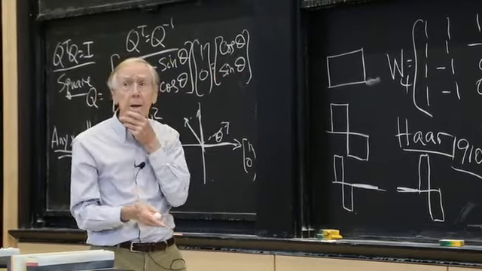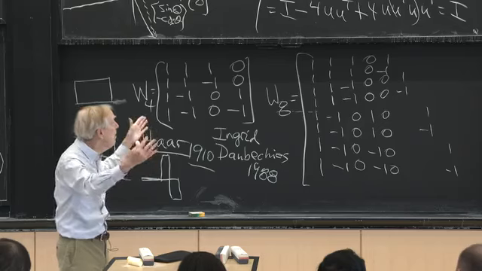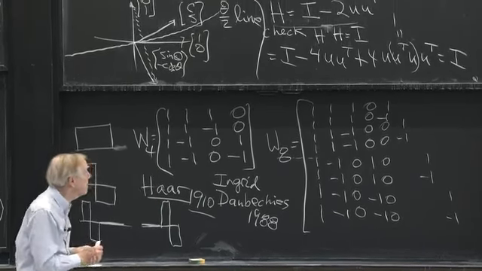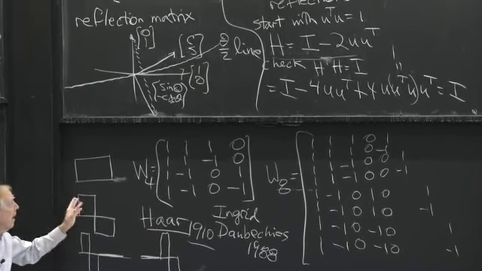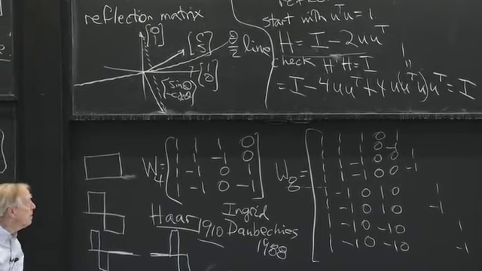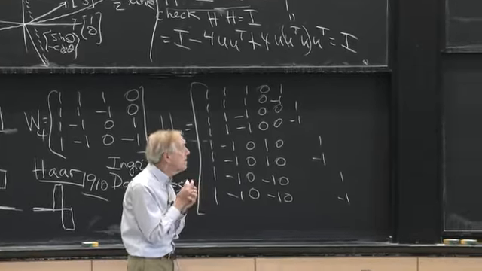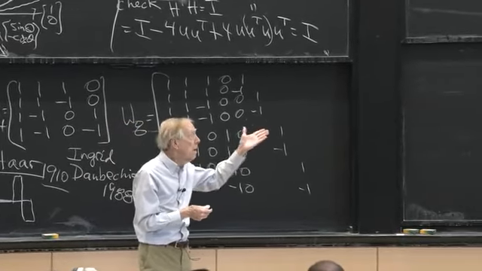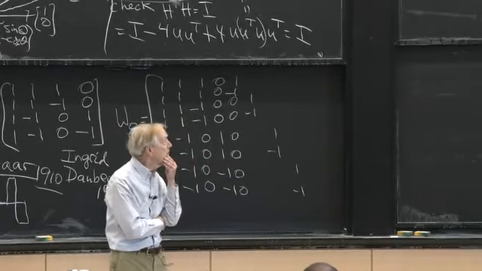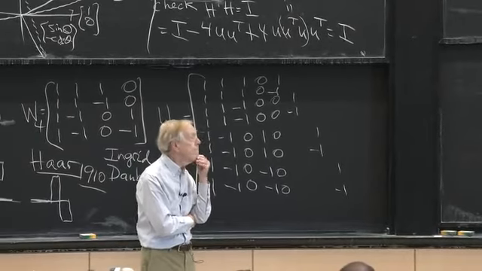The Householder idea of reflections of large matrices that have this form I minus 2 U U transpose are orthogonal. And now we're going to see the big guys, the eigenvectors of Q.